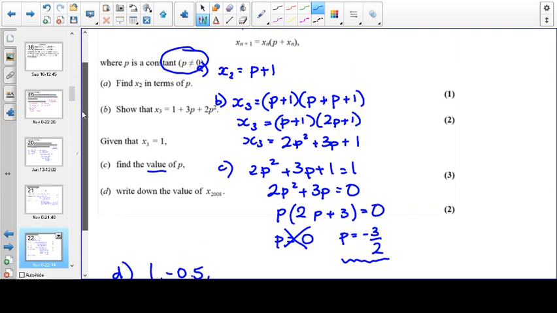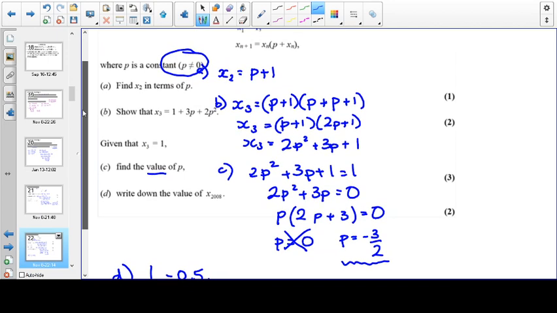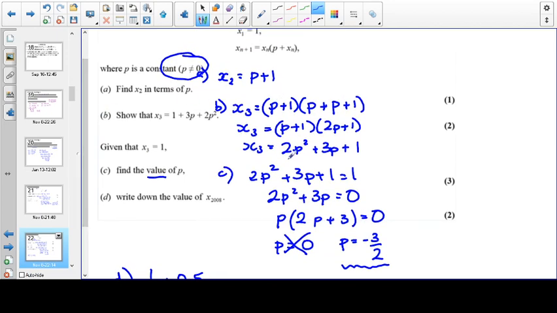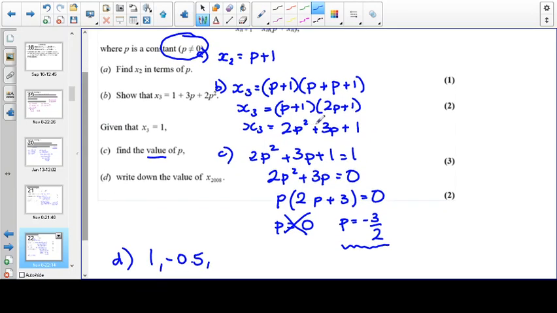The third term you can get from here. So if I substitute minus 3 halves into here, I'll get 9 quarters, that's minus 3 halves squared, times by 2, minus 9 halves, 3 lots of minus 3 halves, plus 1.